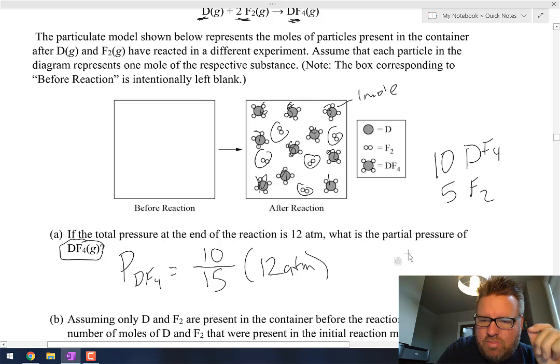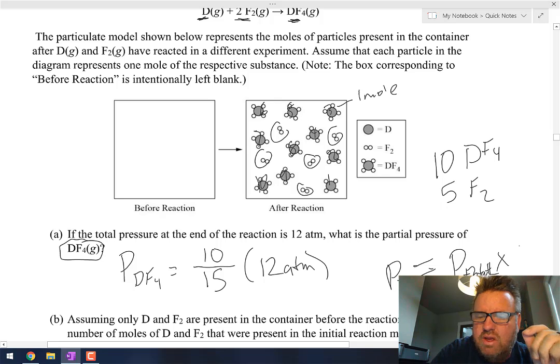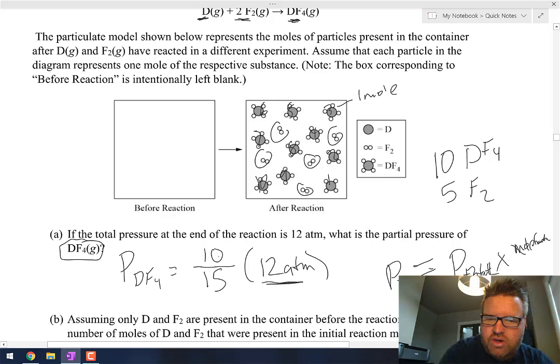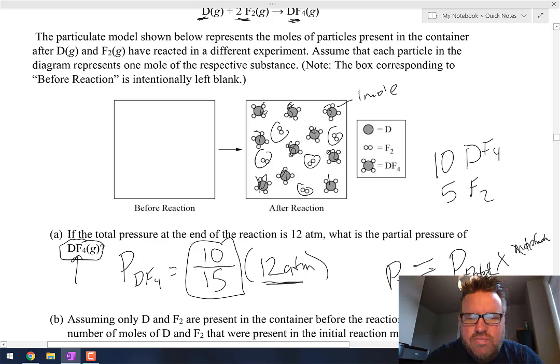The pressure of a gas is equal to the total pressure times the mole fraction of whichever gas they're asking us about.